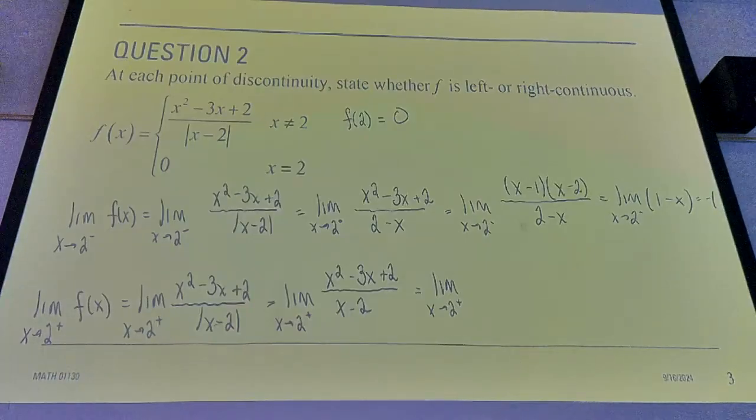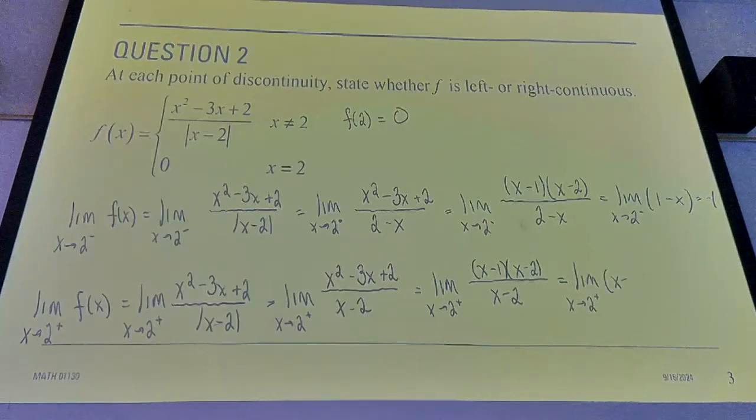Again, if you plug in 2, you're going to get 0 over 0. And what is that limit?